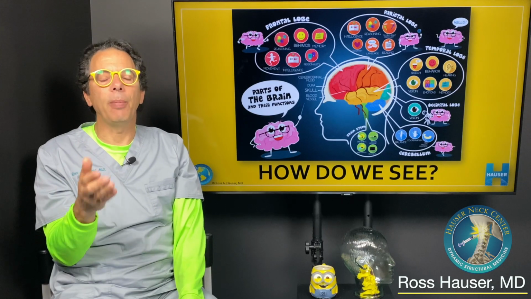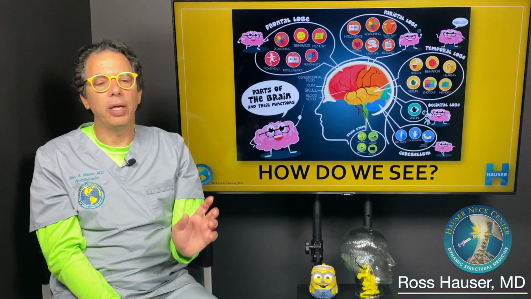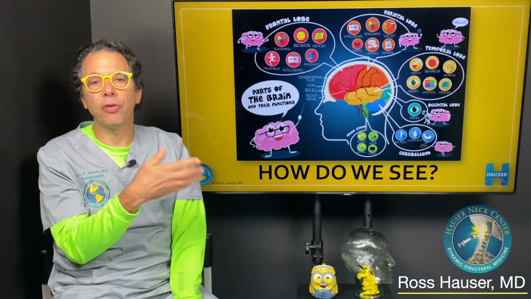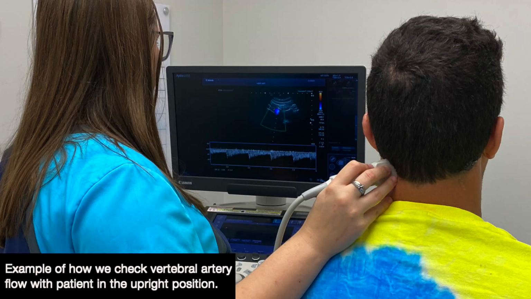The way you document that is through extracranial or intracranial Doppler exams, which is an ultrasound, one of the tests that we do in the office. We do it upright, because most people get dizziness because of the upright position or moving their head in a certain way. So that's when we scan them.